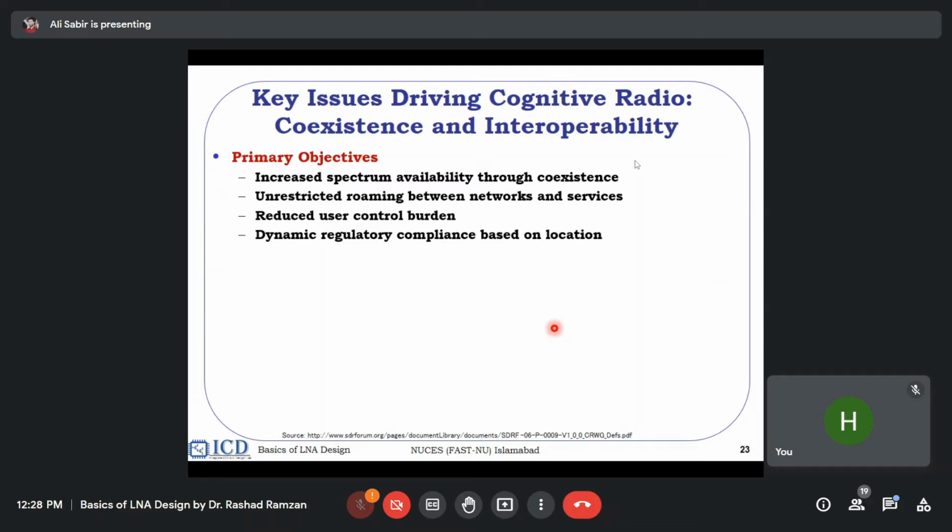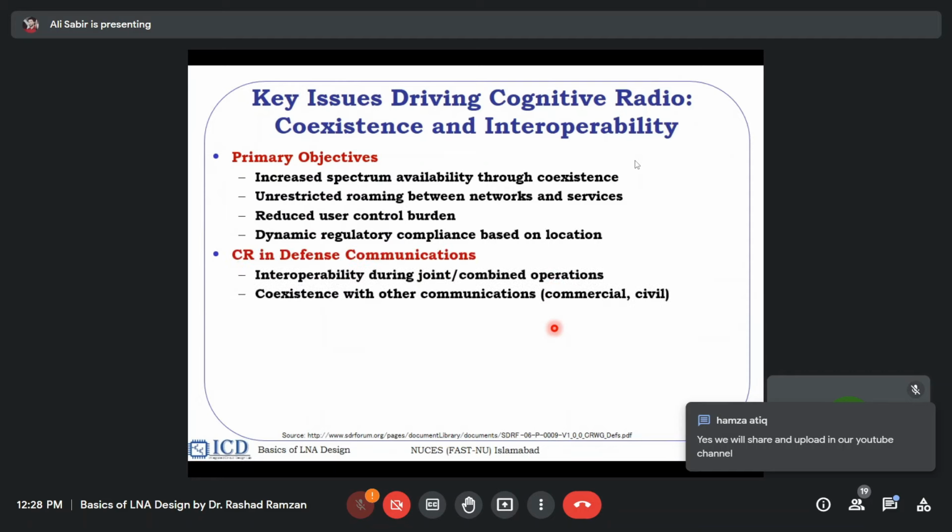So if you move your radio from an urban environment, where spectrum is much more used by different applications, to a rural environment, in that case your cognitive radio will work better with lower-cost resources. So the second aspect of the cognitive radio is cost optimization.